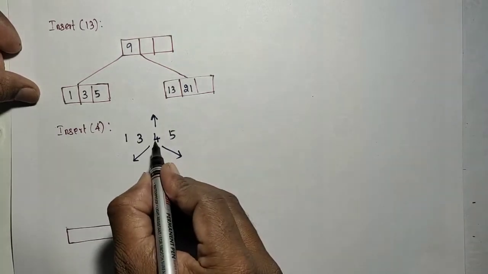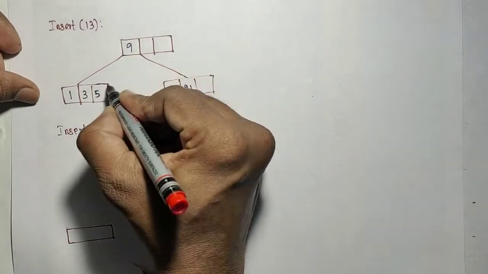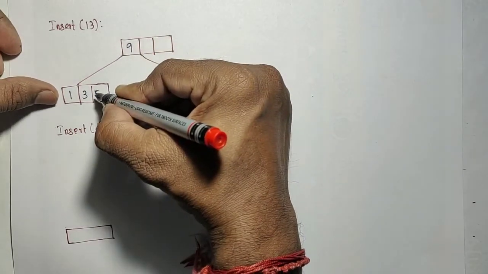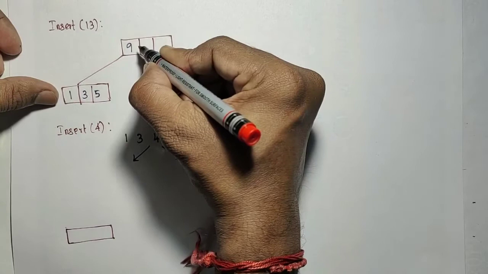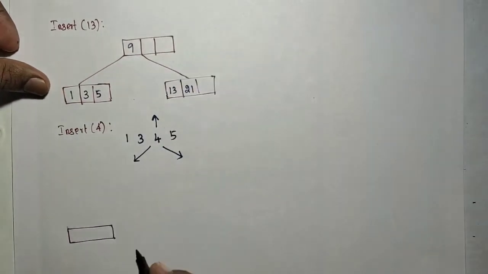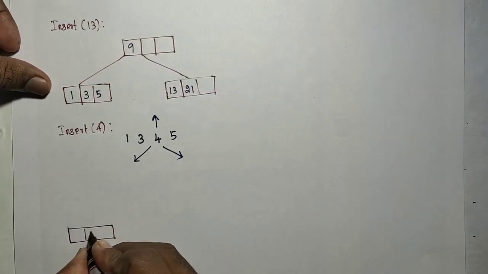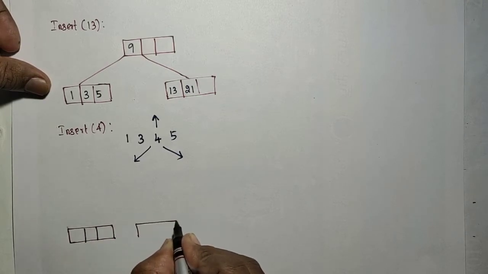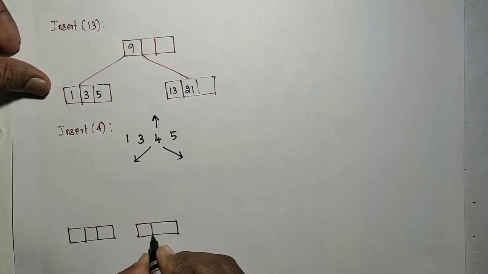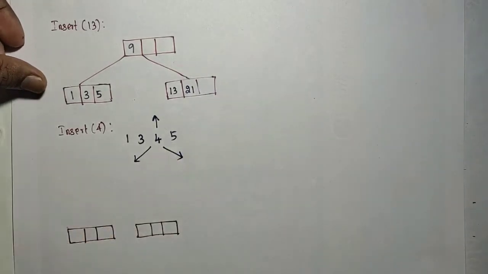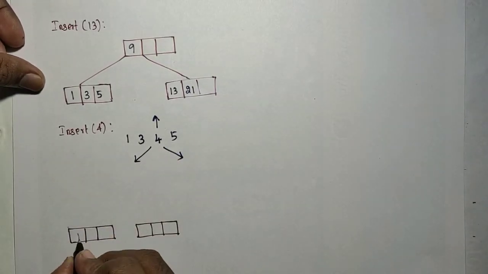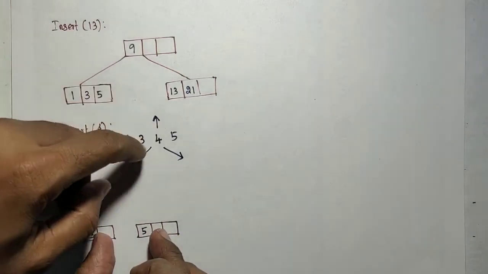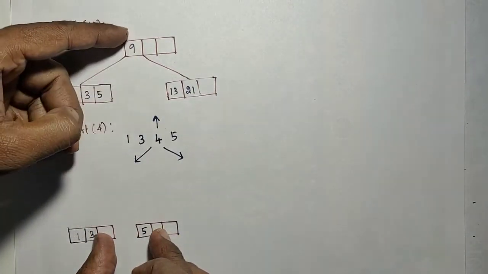The 4 goes to the previous level, the increased level. So the left will be the 1 and 3, the right will be the 5, and the 4 will be moved to the previous level.